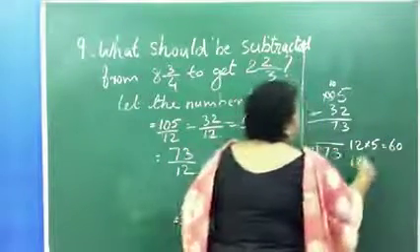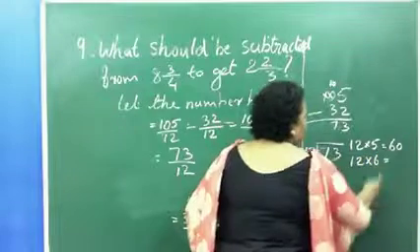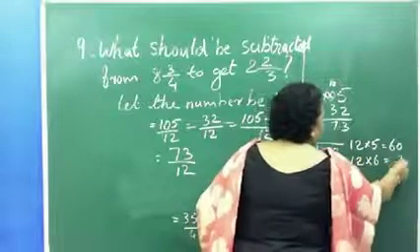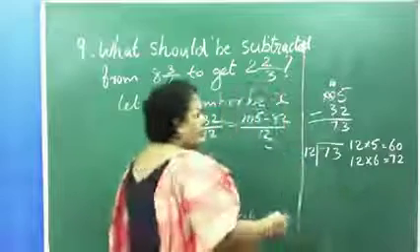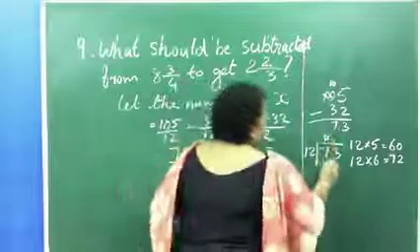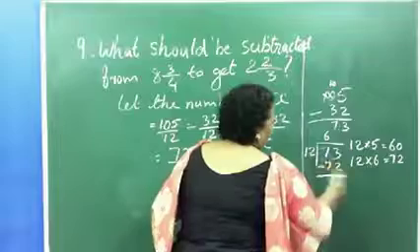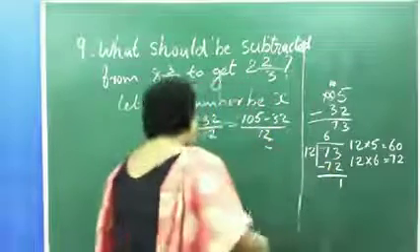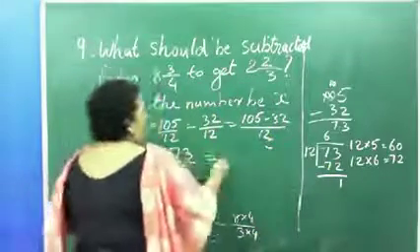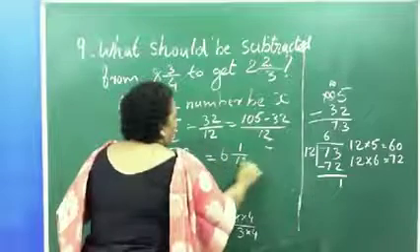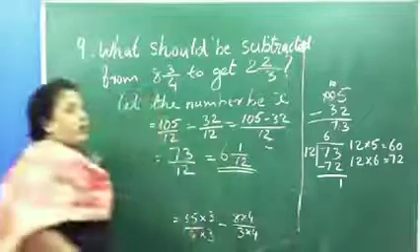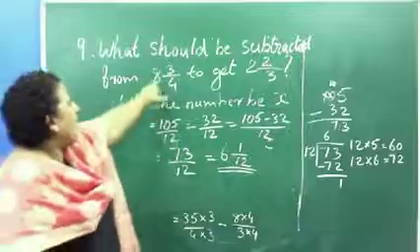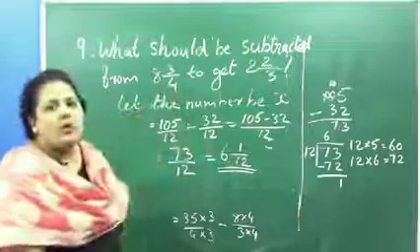Now 12 6s are 72. So you will get 6 here, then 72, subtract it, you will get 1 as the remainder. So you got the answer as 6 1 by 12. So the unknown number that should be subtracted from 8 3 by 4 is 6 1 by 12.